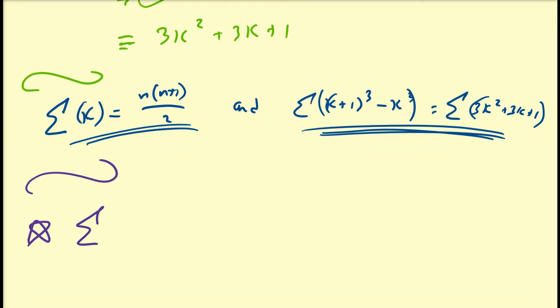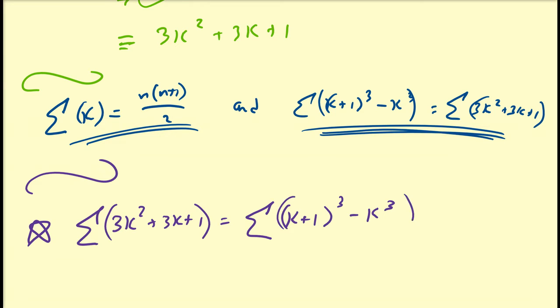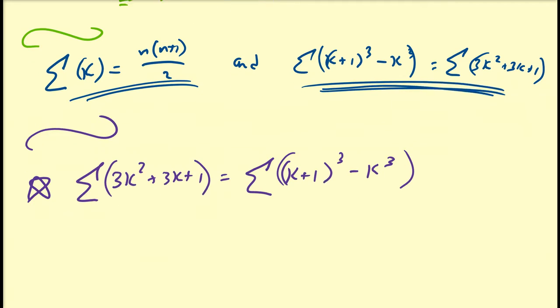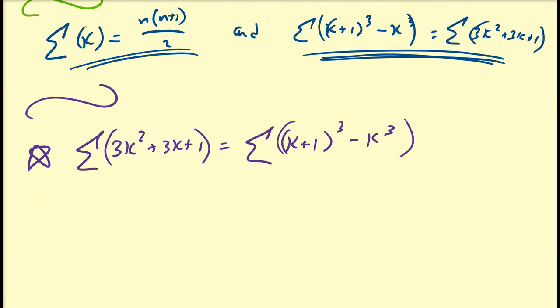The sum of 3k squared plus 3k plus 1 is going to be equal to the sum of k plus 1 cubed minus k cubed. As we saw with k plus 1 squared minus k squared, this was a telescoping series, so let's see if we can get that here as well. Let's start with k equal to 1.